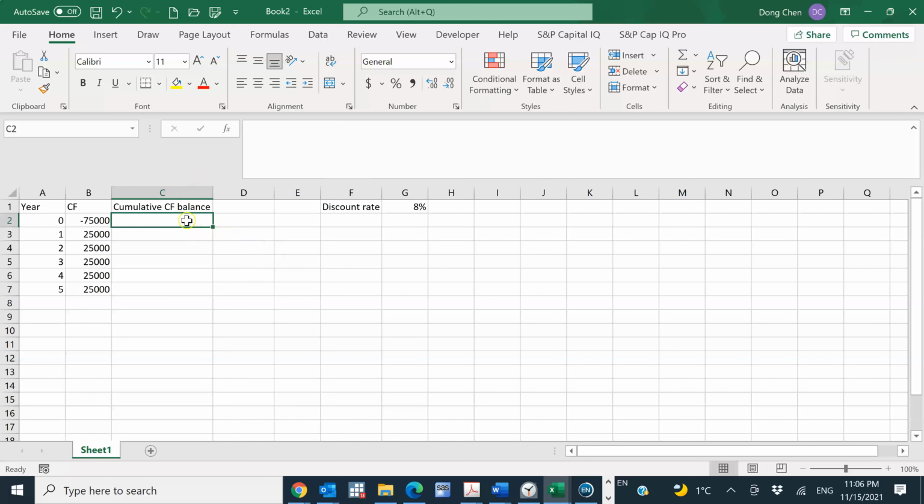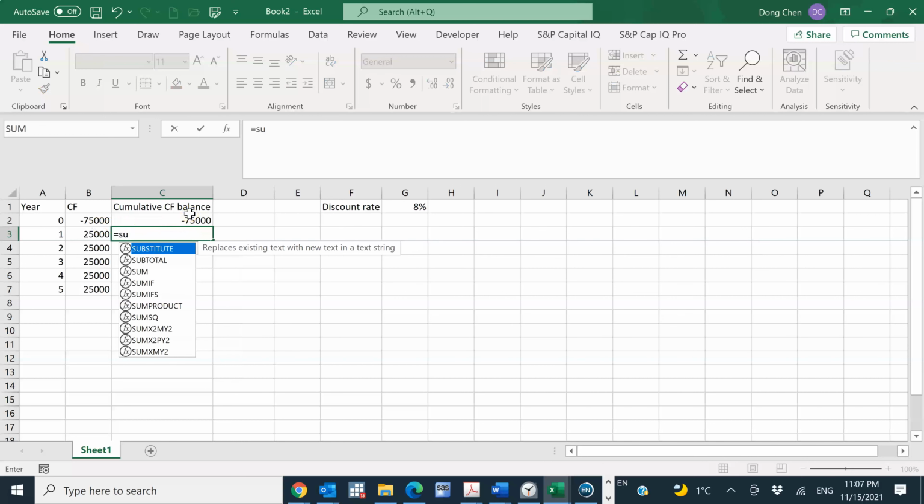So now I'm calculating the cumulative cash flow balance by summing up the cash flow across the years. For the current year, which is 0, just the first cash outlay, and starting from year 1, I want to do the summation function, equals SUM, and open it.